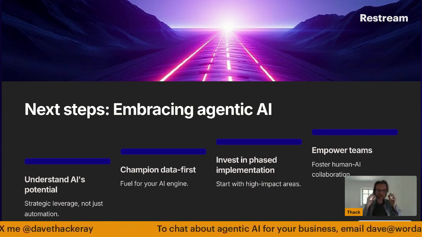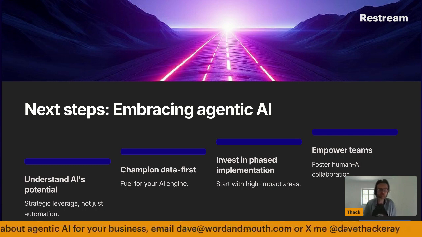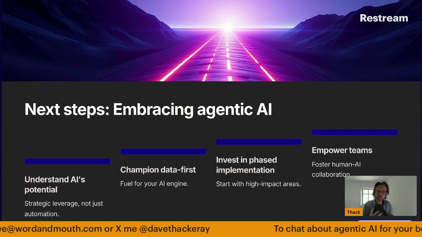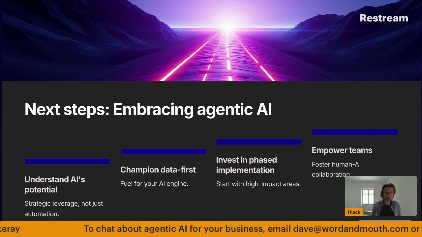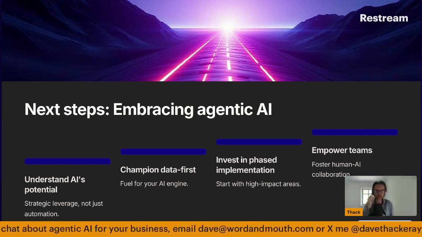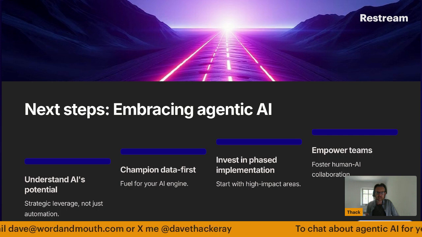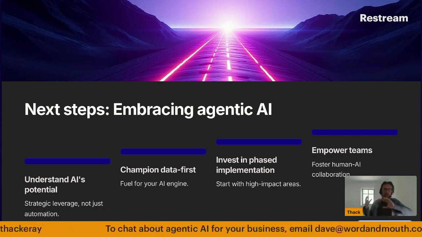So we need to start thinking about what my hotel operation, what my business needs to do to be more efficient. Where are the blockers right now? Where are the bottlenecks? Where am I spending too much time doing X, Y, and Z? These could be the primary processes that are ripe and ready right now to implement agentic AI. So once you understand AI's potential, I think we're off to the races.